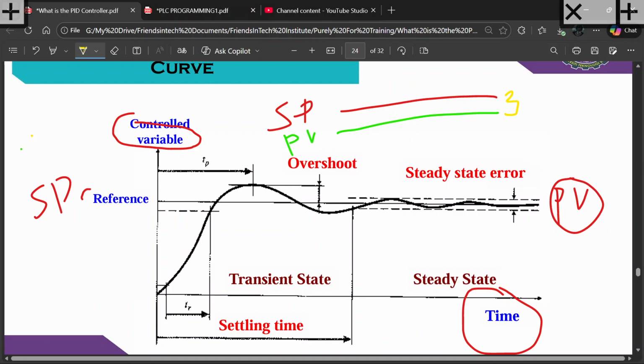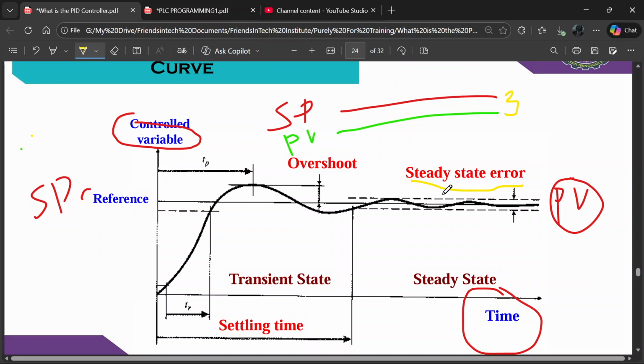And the difference here, you see this difference here? This is what is called steady state error. Your process variable is just swimming around your reference, up, down, up, down, up, down. So you get negative error, positive error.